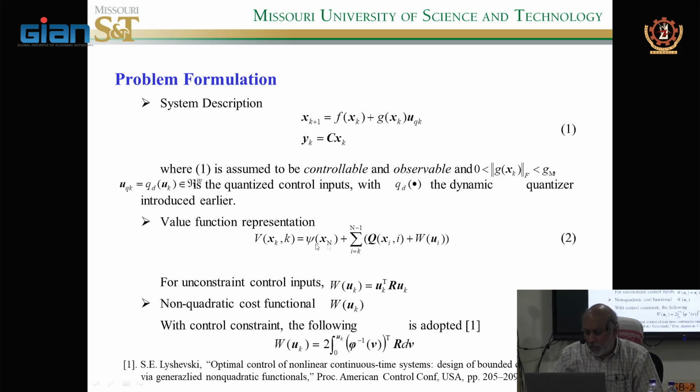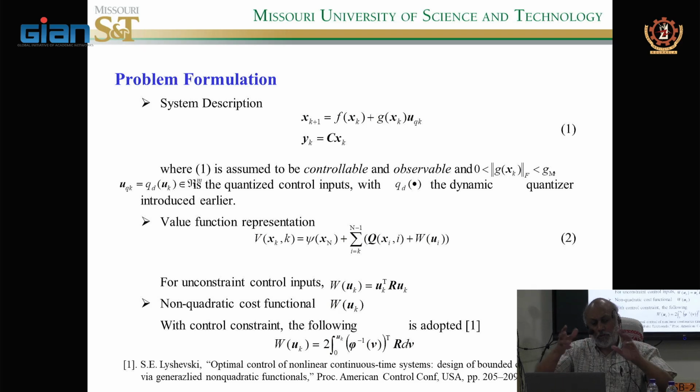So this equation uses a non-quadratic cost functional to accommodate the actuator saturation. This is an example of a non-quadratic function we use as part of the value function. It's for finite horizon, okay?